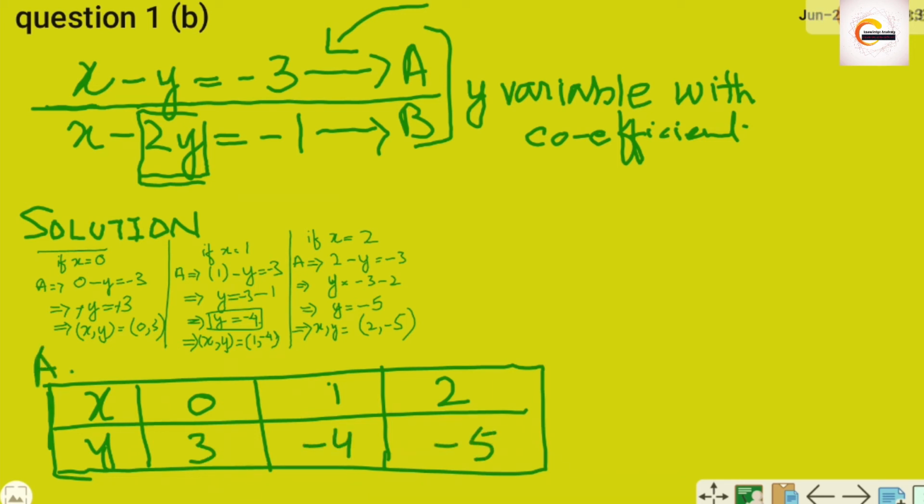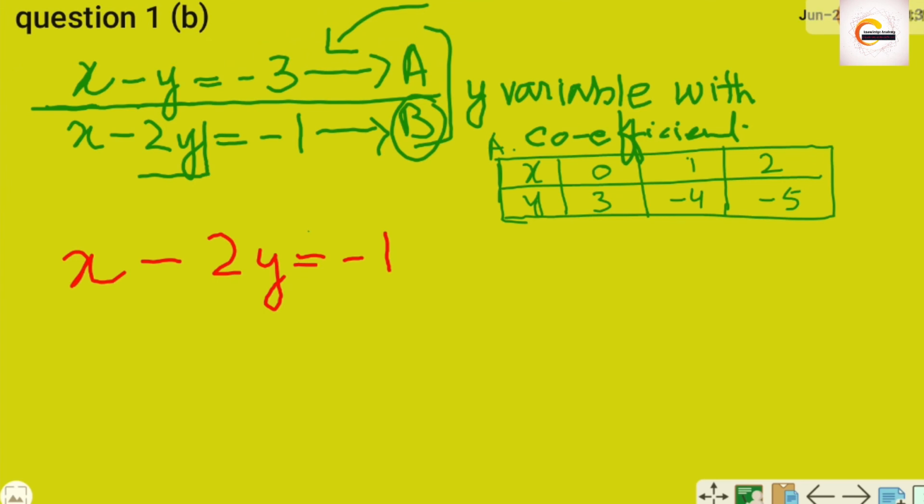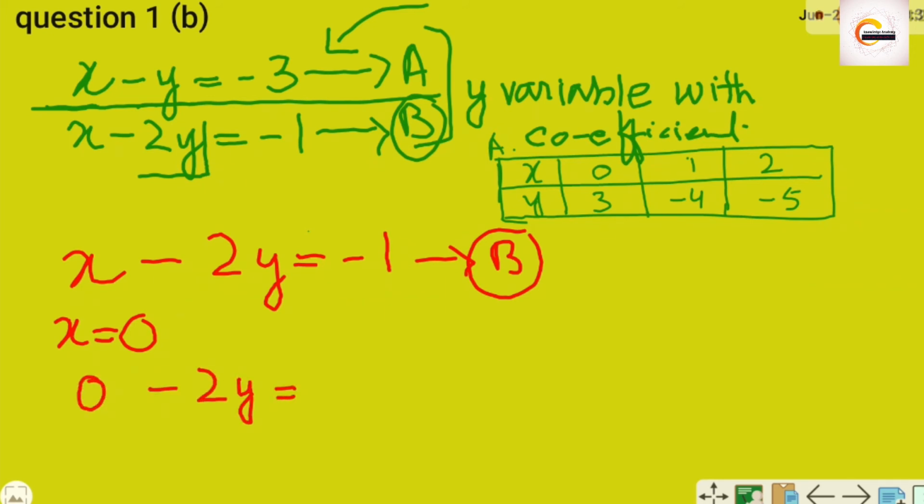Now I'm going to explain how we find the three points if in any equation we have a coefficient with the y variable. If I select x is equal to 0 in equation b, let's put it and see what will happen. 0 minus 2y is equal to minus 1.